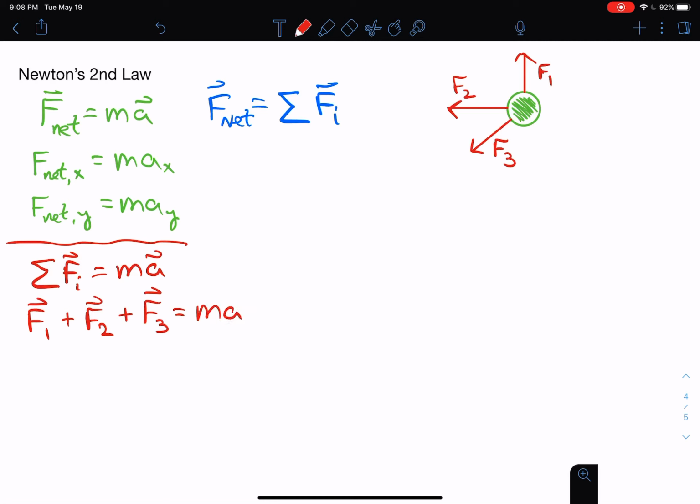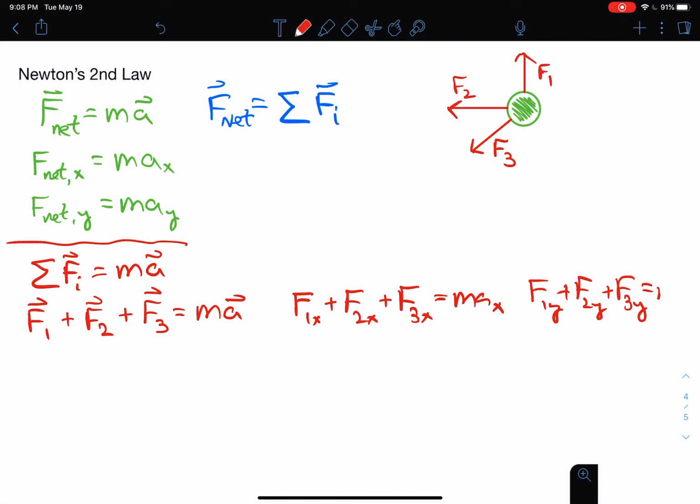That has to equal the mass times the acceleration. And now I've got to write that in its components. So that means I've got to write it as F1x plus F2x plus F3x equals m a sub x. And we have to do it again for the y: F1y plus F2y plus F3y equals m a sub y.